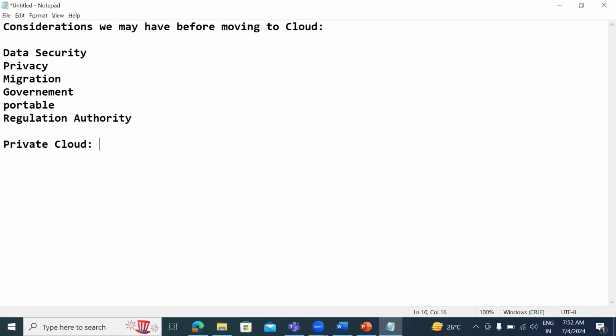Maybe Bank of America, JPMC, Citi, they build the cloud for their employees only or for their customers itself. Okay, so then we have products like VMware vCloud. Then we have Citrix Cloud. Then OpenStack kind of things. So these all come under private cloud.